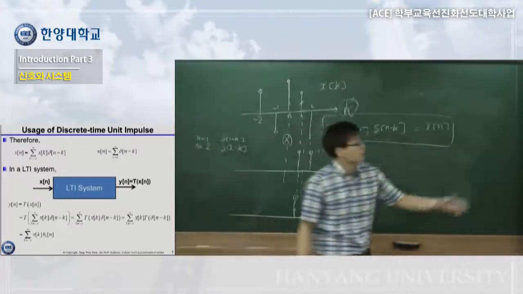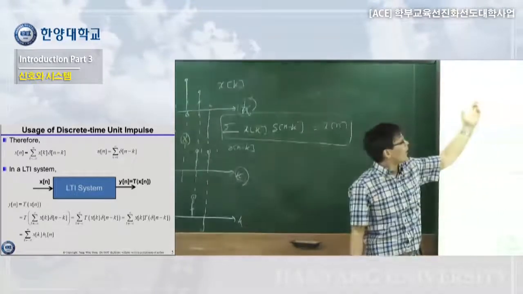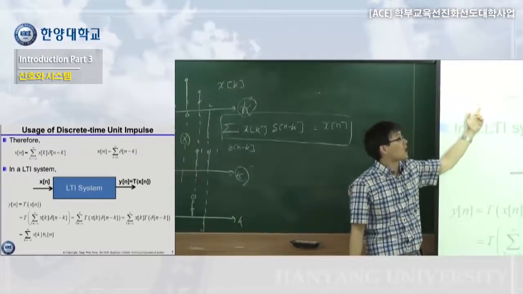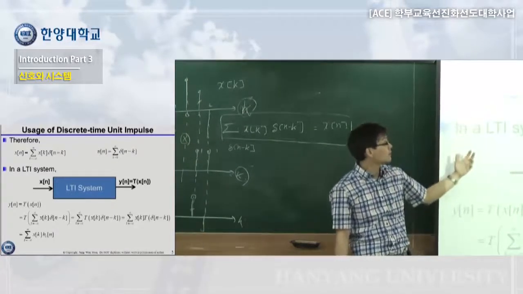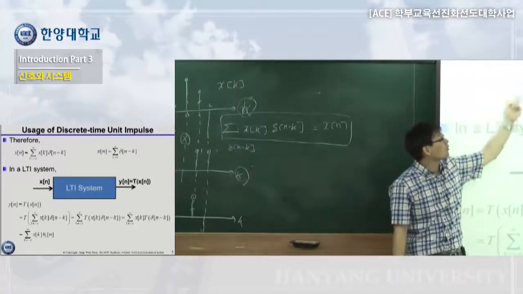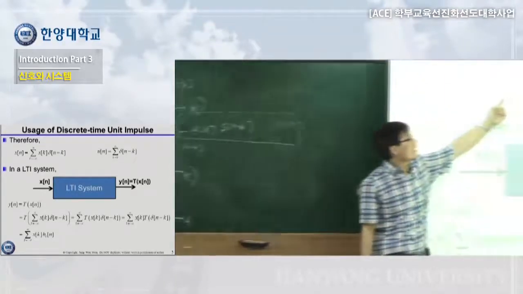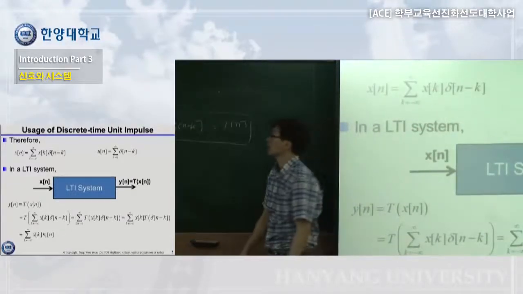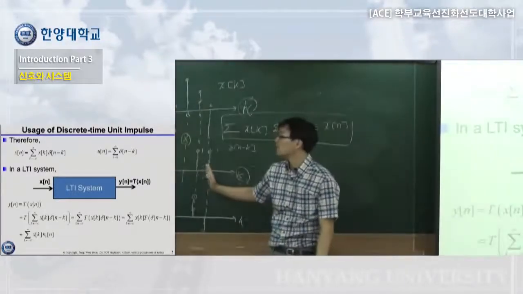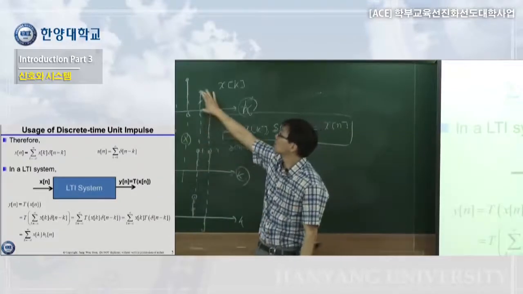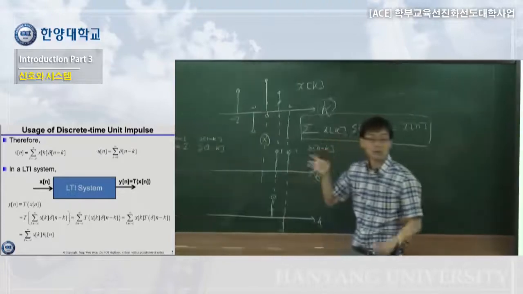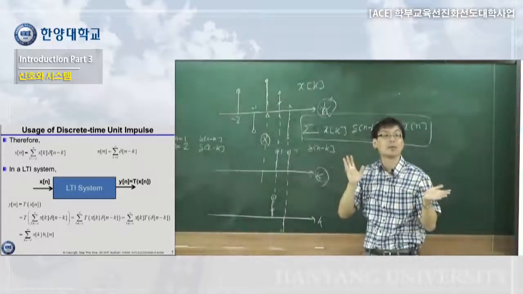So for the equations on the screen, the signal x can also be viewed as the multiplication of this signal times delta n minus k. This delta function gives you a function that we can use to pick up a point from the original signal, which is a very straightforward concept, right?